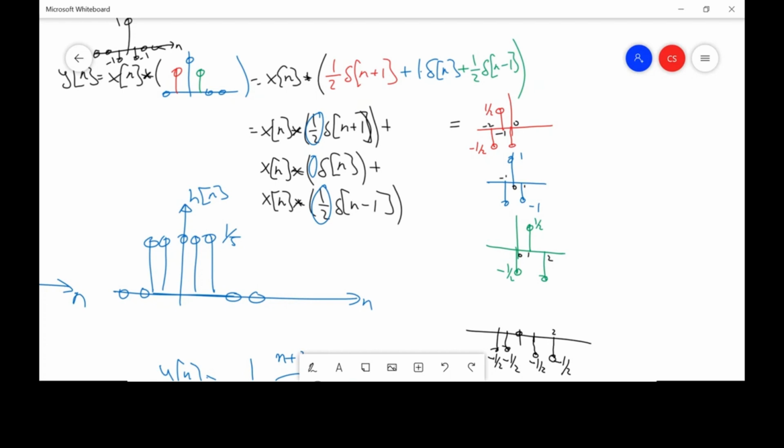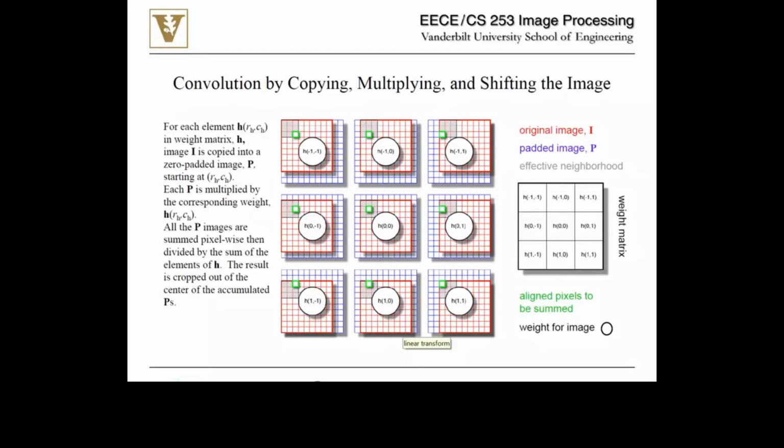It is wider because I have to shift it to multiple locations, multiply by something and add them all. So the output has to be wider than the input. So this is what we are showing here: the red input, and the output in blue, which is wider. And I don't think we have exact equations for how much wider.